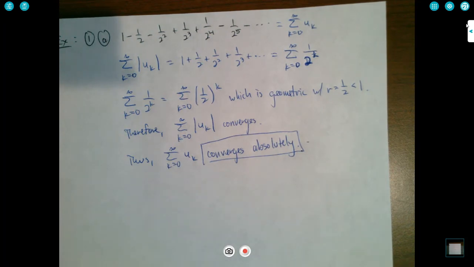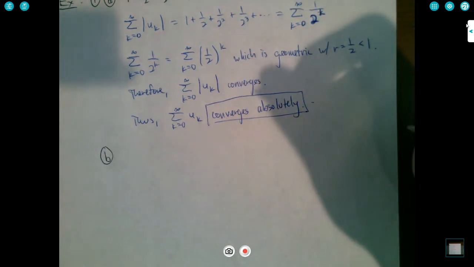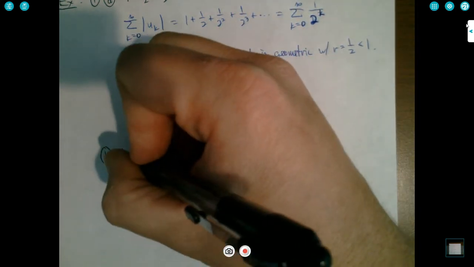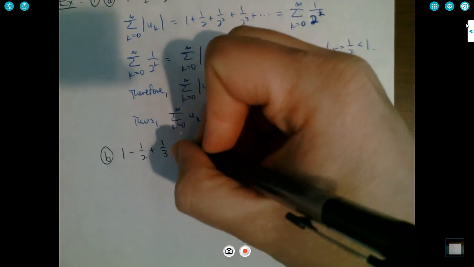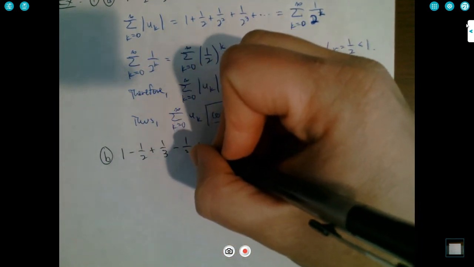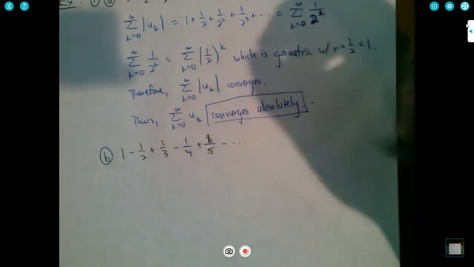Okay, let's look at another one. Let's do 1 minus 1/2 plus 1/3. This one is alternating. It alternates, plus 1/5, minus, and so forth.